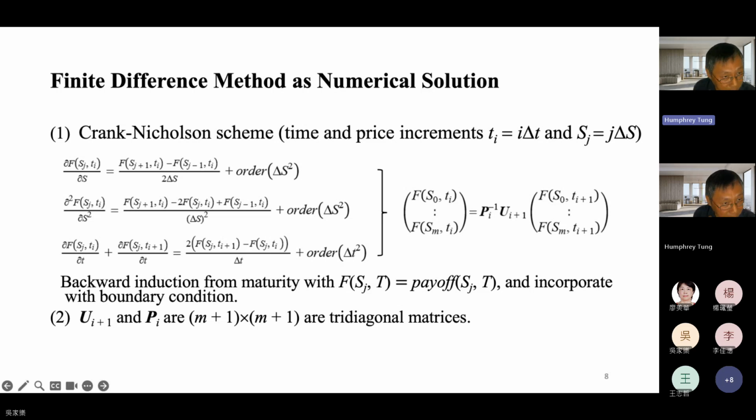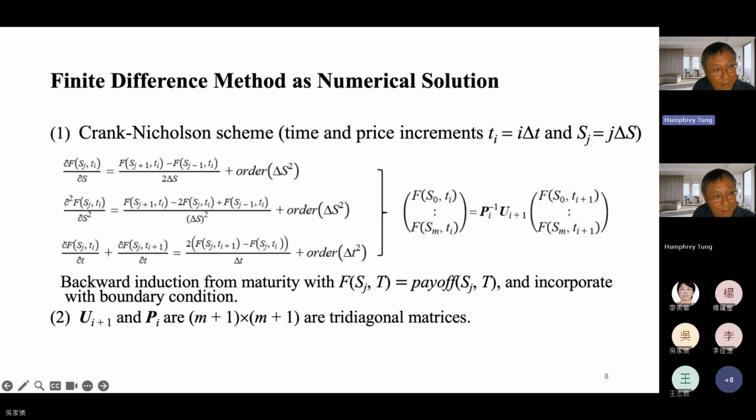Usually we don't know how to solve the differential equation analytically, so there will be numerical procedures. I think this is what you guys find more interesting in financial computing. The most common scheme is called Crank-Nicolson. You are going to have discrete price and time, approximate the derivatives inside the differential equation, and end up with a matrix equation.